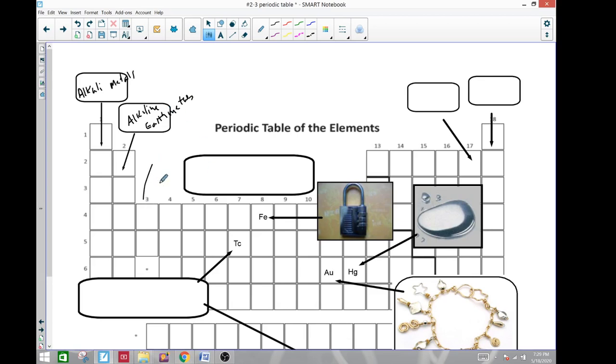This middle section here we call the transition metals. All the families have names, some more common than others. This family here is called the halogens, very common stuff in everyday life. Then the noble gases, sometimes referred to as inert gases.